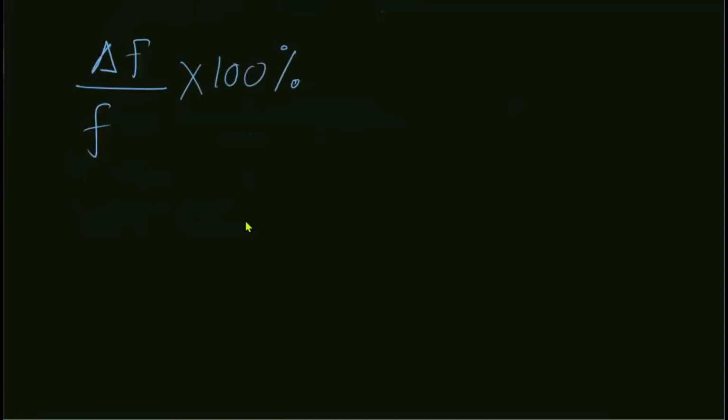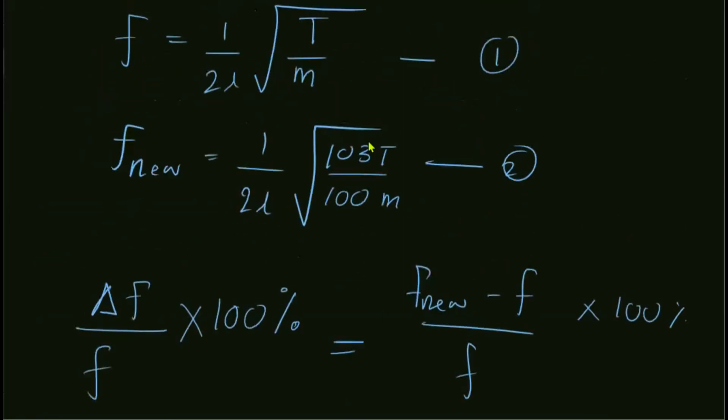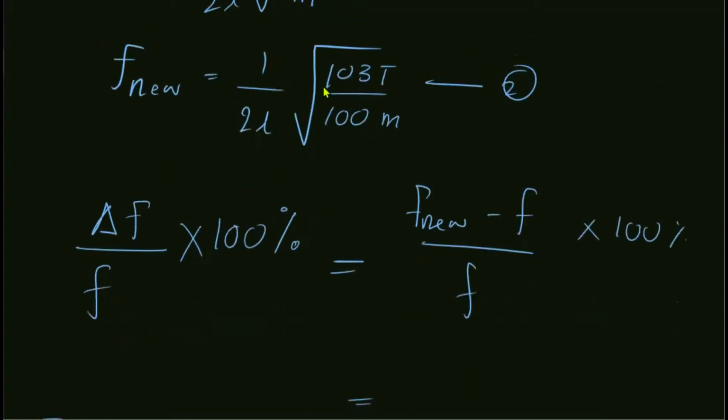I'm not going to simplify this right now. Delta F means F new minus the initial frequency, over the frequency, into 100%. You have F new, and you have the old frequency also.